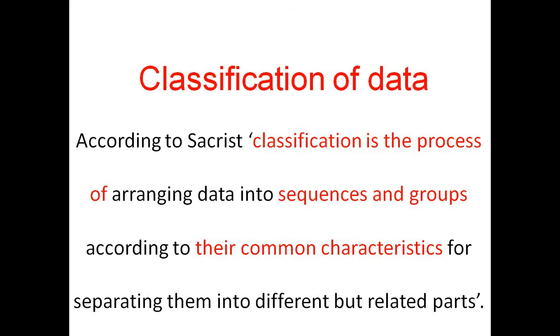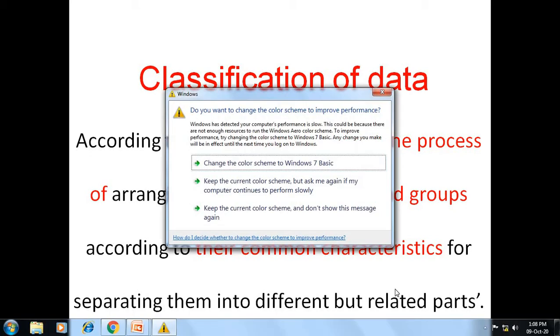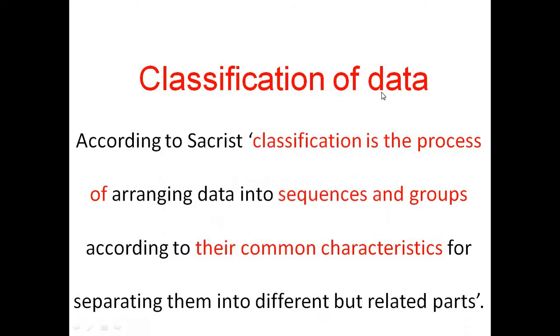Now the definition of classification is given by Secrist, and according to Secrist, classification is the process of arranging data into sequences and groups according to their common characteristics, for separating them into different but related parts.